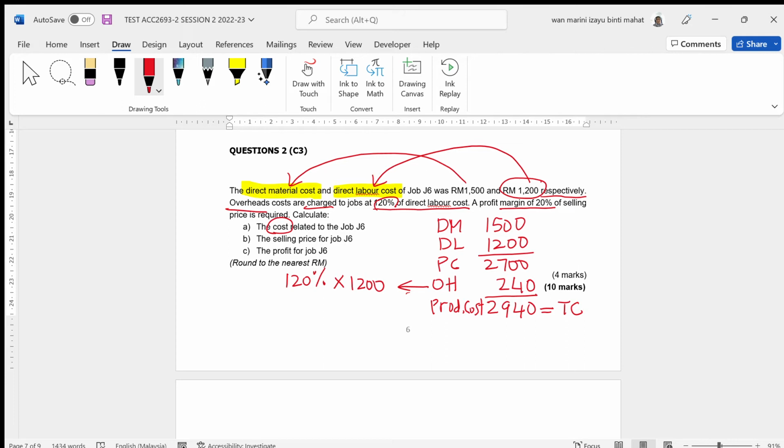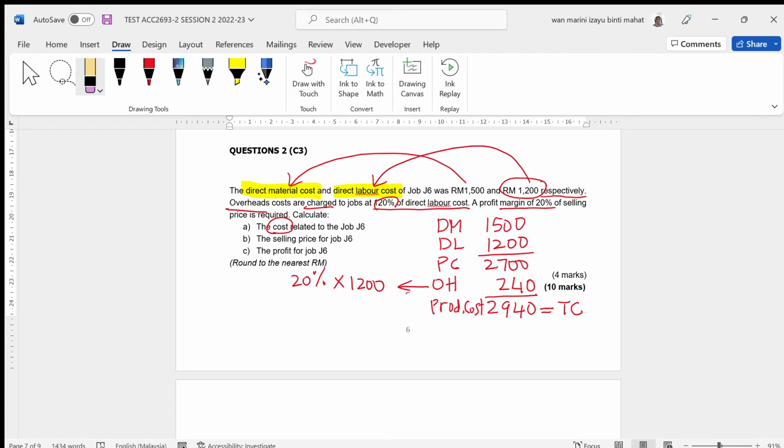We know that the margin is 20%. Oh, sorry. Not 120, 20%. Let me double check with my phone calculator. Okay, yes, correct. It is 240. So our total cost is 2940. That will be A. Now the selling price.